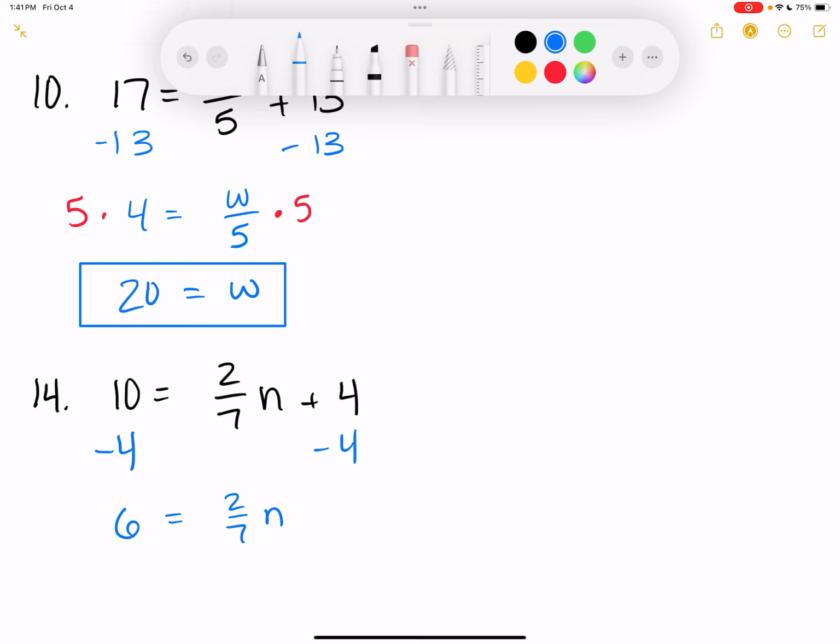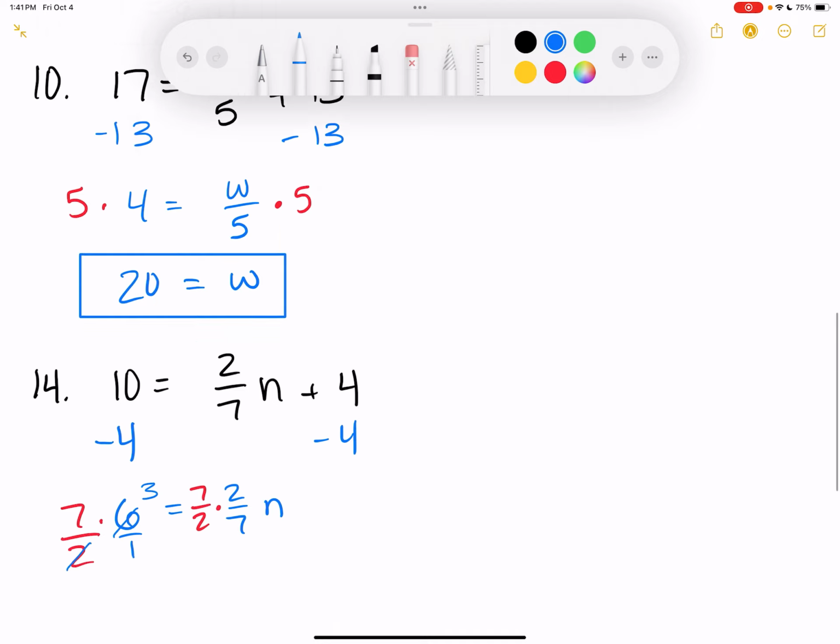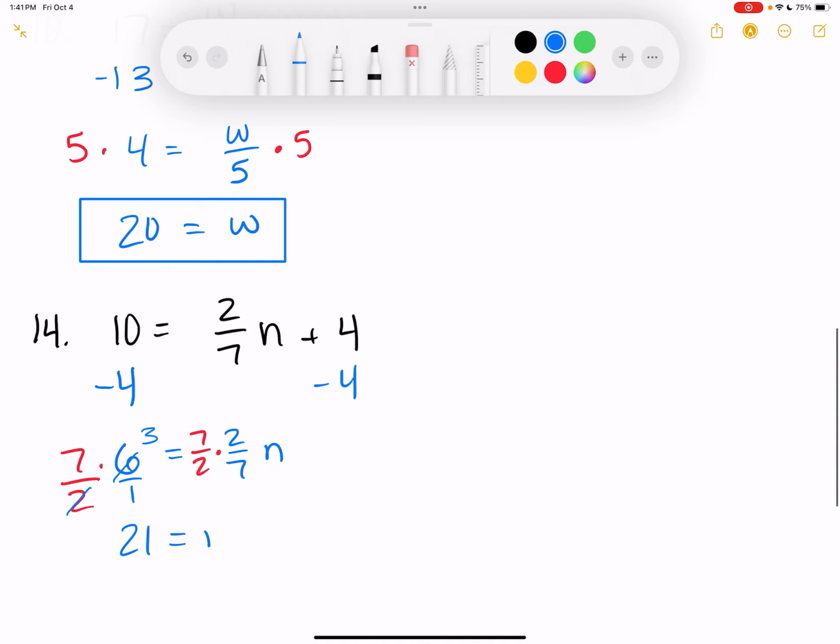Multiply by the multiplicative inverse. Which is? 7 over 2. Yep, multiply by 7 over 2. And remember, this 6 is like over 1 if you need that for a visual. So 2 and 6 will reduce. So that becomes 7 times 3, which is 21. So n is equal to 21.